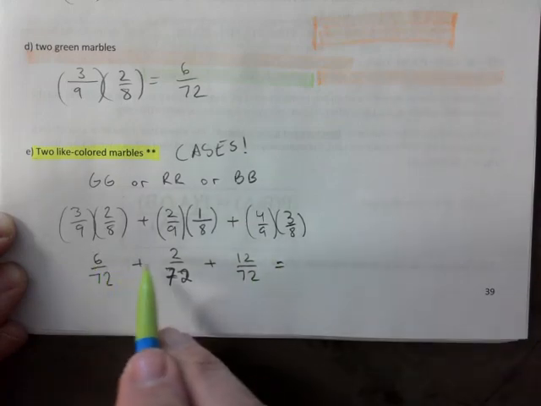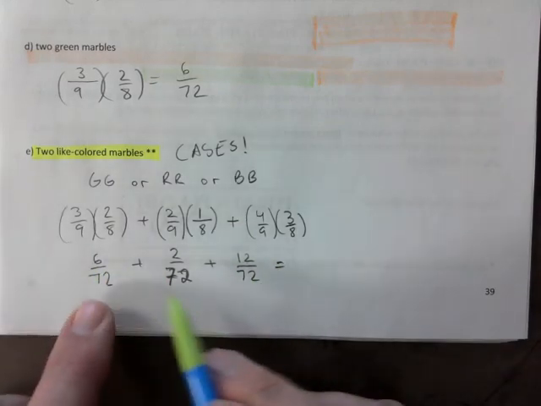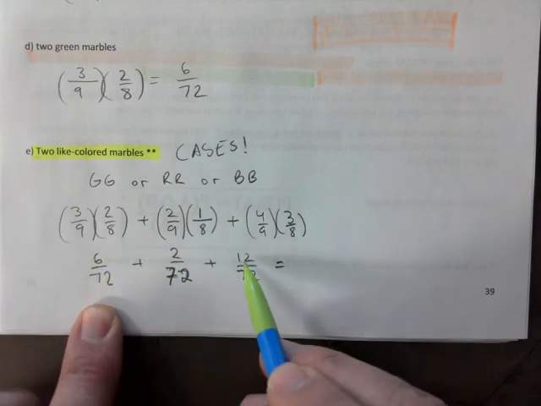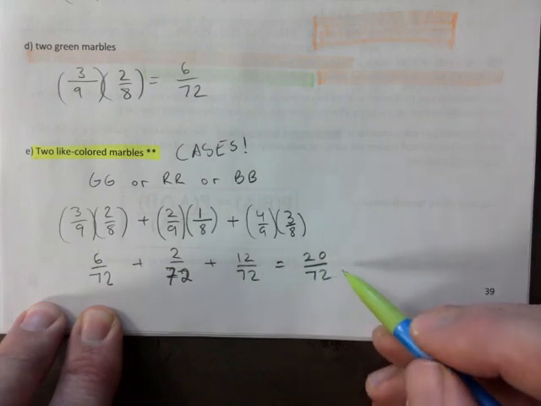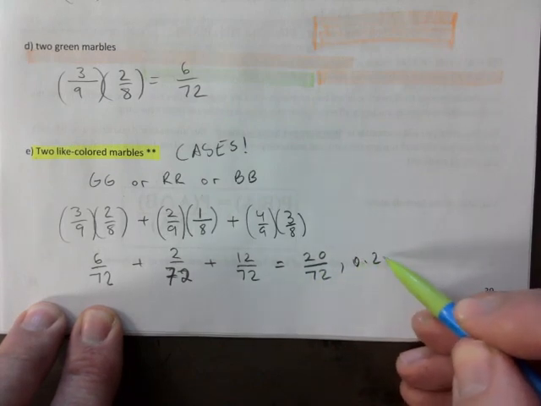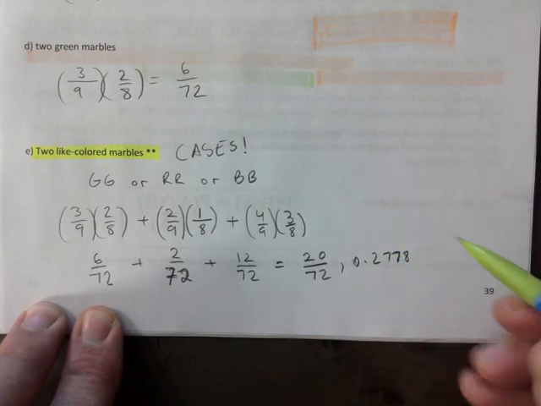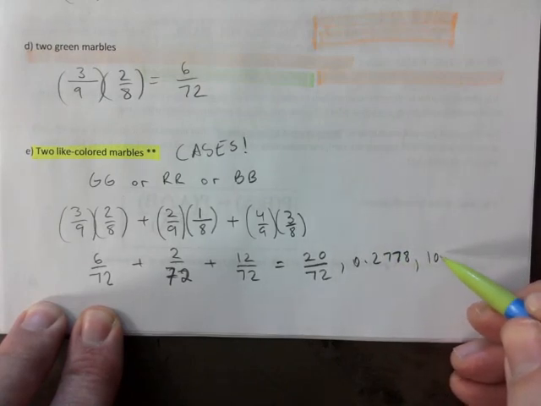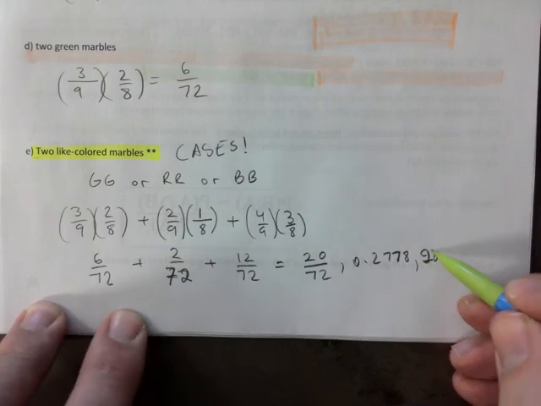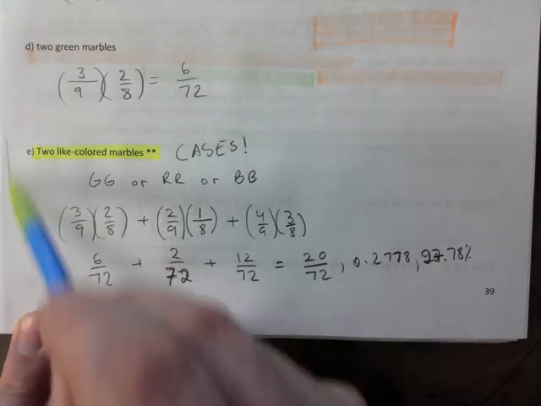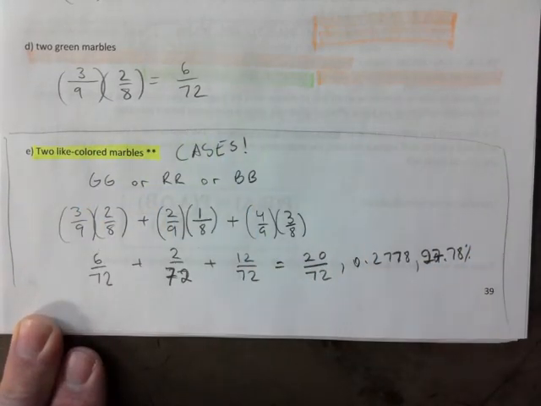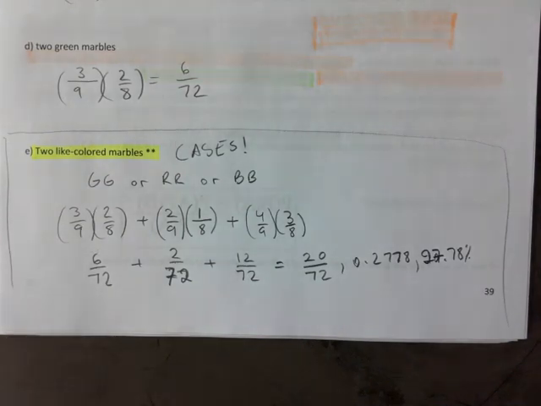And so if you add that all up, because the denominators are all the same, you can just go 6 and 2 is 8, plus 12 is 20. That ends up being 0.2778 if you want to have it as a decimal, or 27.78%.